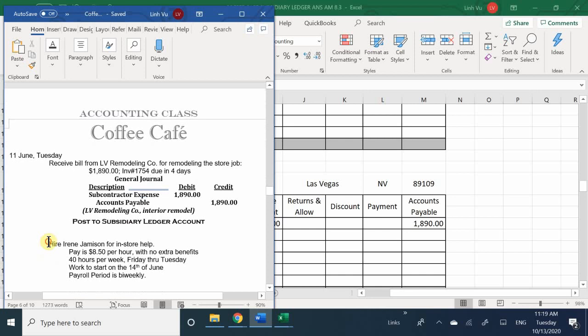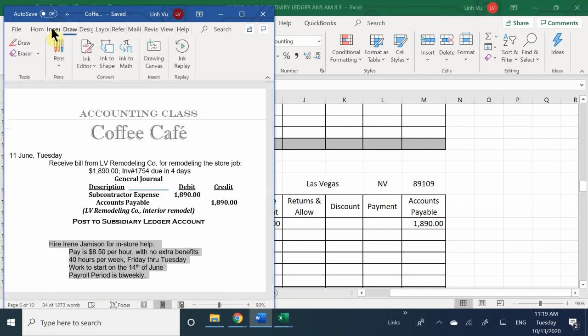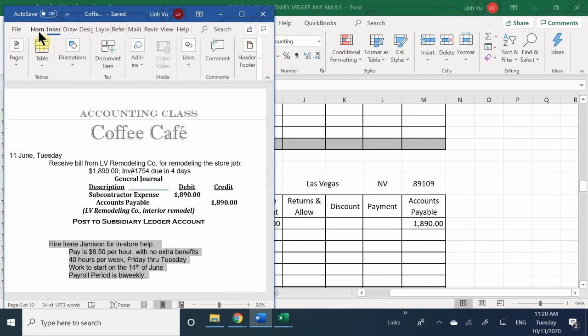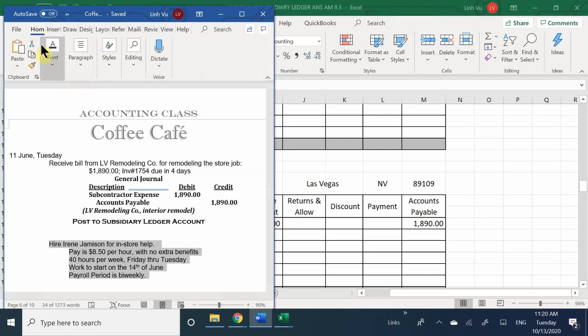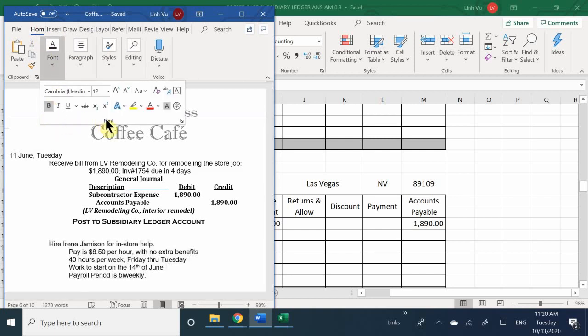So that means when we come back, we'll go ahead and utilize that other worksheet I was talking about, which is our payroll worksheet, and enter in this lovely employee that we hired. Okay, so we'll come back and we'll utilize that new worksheet.